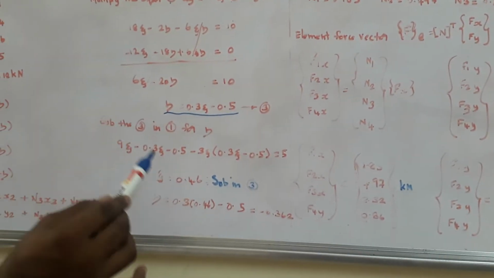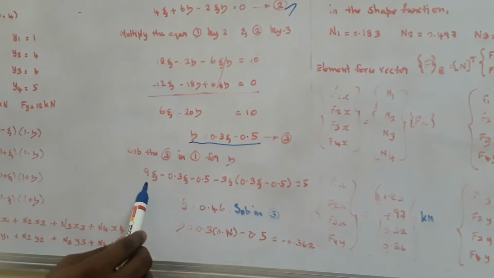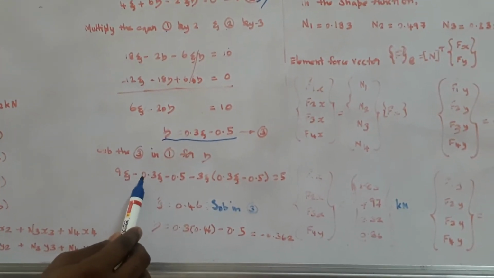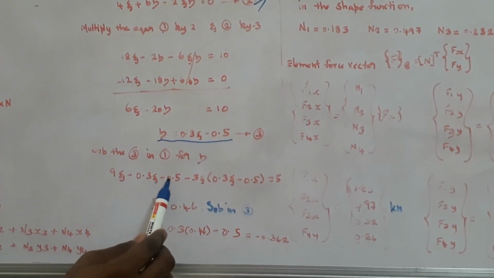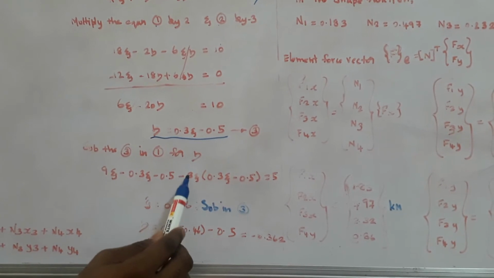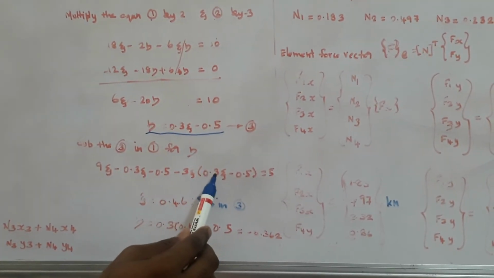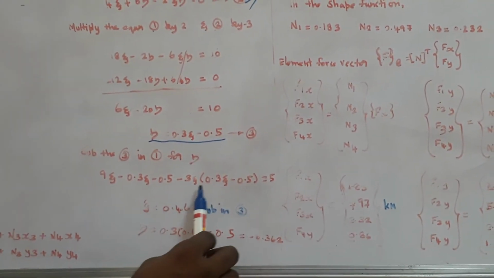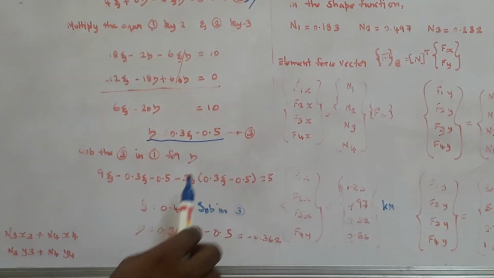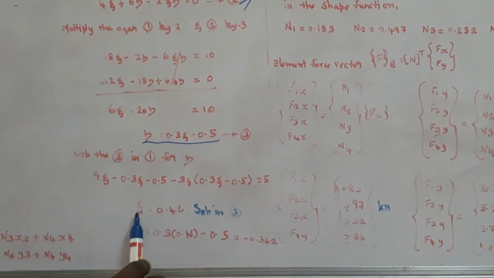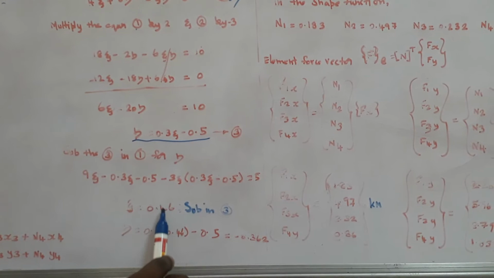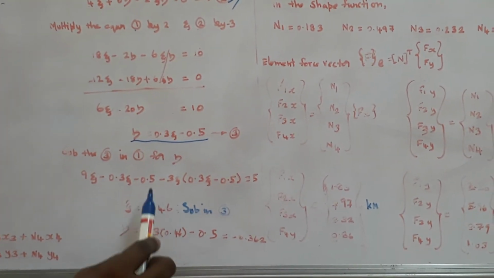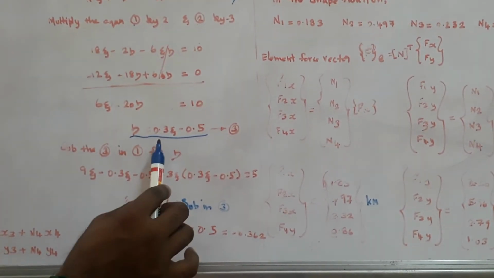If we substitute the eta value in equation 1, it becomes 9 epsilon minus (0.3 epsilon minus 0.5) minus 3 epsilon into (0.3 epsilon minus 0.5). If you solve this equation 1, we get the epsilon value, which is equal to 0.46. After getting the epsilon value, we need to substitute epsilon into the eta expression.